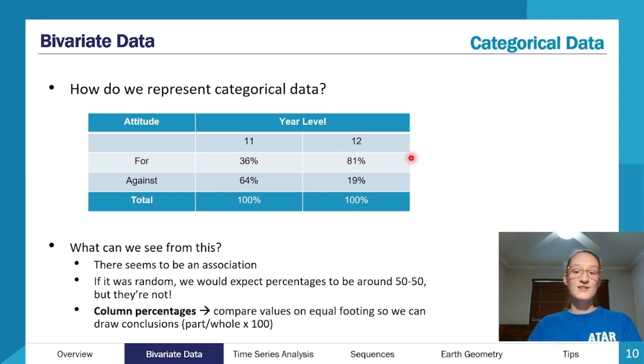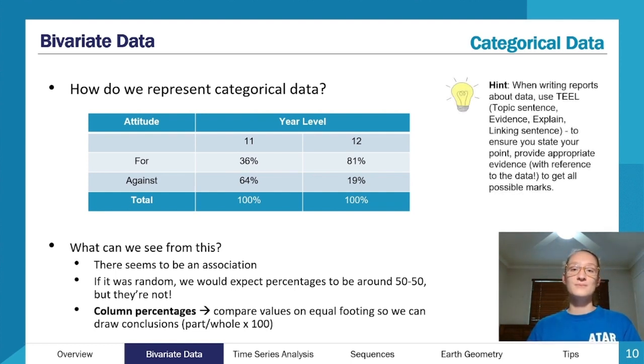But what they've done to this table is they've converted it to percentages so that we can compare our values on equal footing. Because if we had interviewed a different number of year 11s and 12s, then it wouldn't be fair to compare the raw numbers, but by converting it to percentages, we can compare it on equal footing. So that's important to note as well.